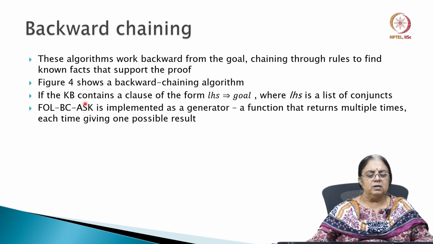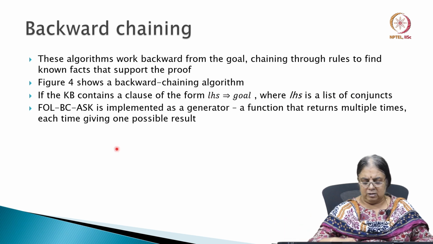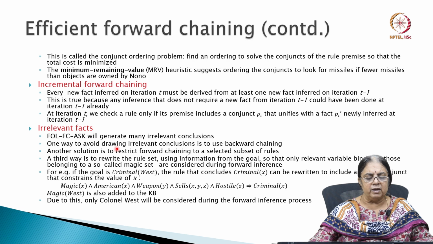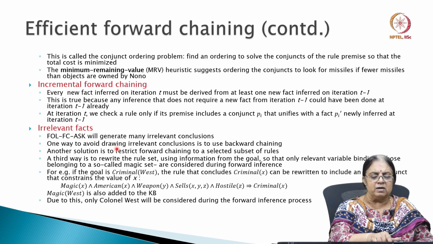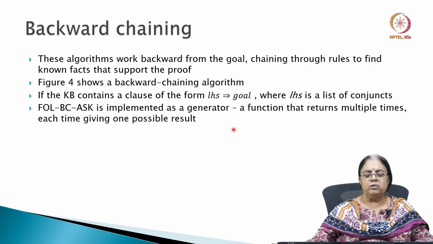If the knowledge base contains a clause of the form LHS implies goal, and LHS is a list of conjuncts, for example American X and weapon Y, etc. So your LHS has a number of conjuncts in it, and the goal is on the right side.